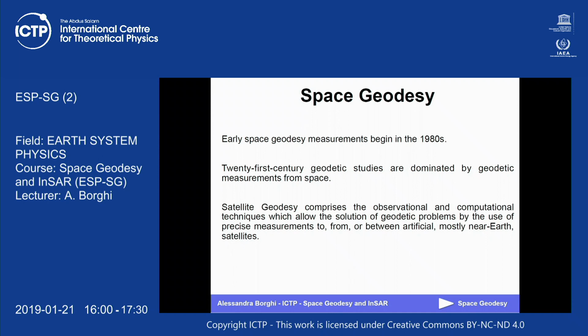Okay, space geodesy. Space geodesy started at the beginning of the 1980s, because we started to use satellites to perform measurements.